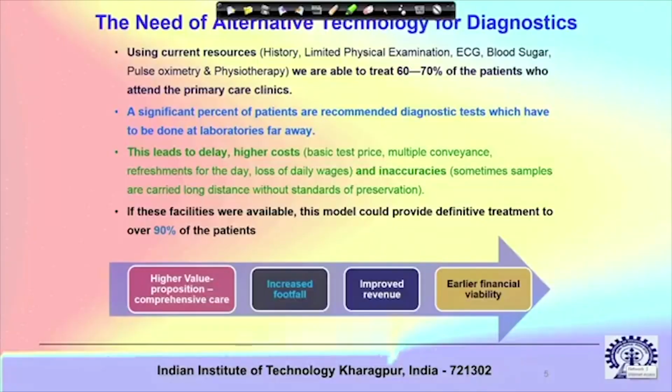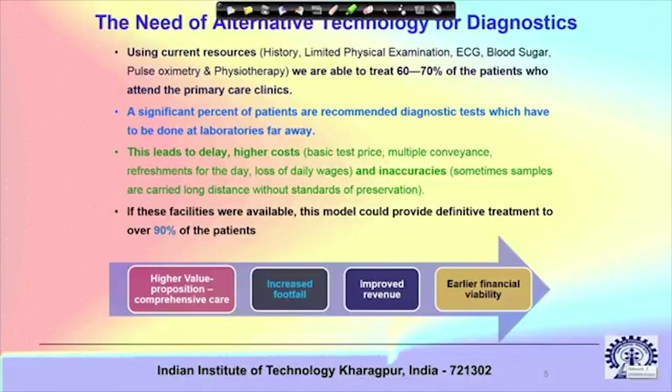So, the real bottleneck of implementing this kind of concept in a paradigm where the essential feature is low cost, the entire technological bottleneck is making the diagnostic procedure of low cost. So, there is a need for alternative technology for diagnostics.